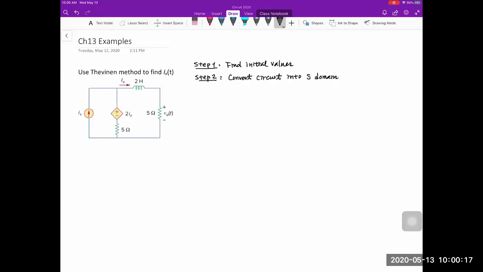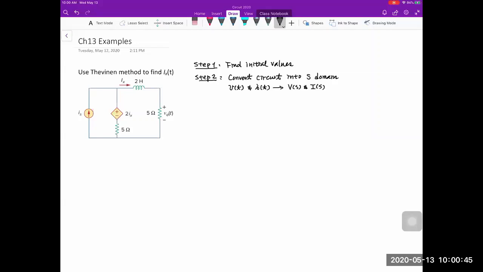When you convert the circuit into the S domain, that includes the source, so V(t) and I(t) convert into V(s) and I(s). If you have the equation, then you can convert them. If you have a graph, you know how to convert that as well. We did this in a lot of different examples already.